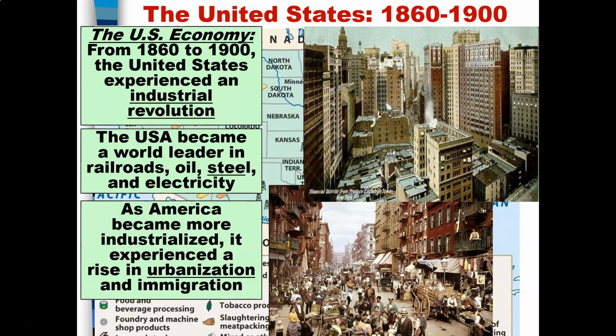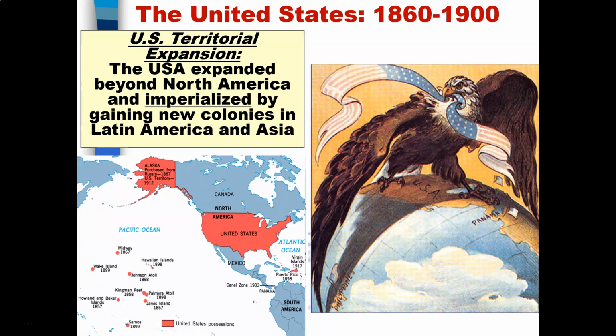As America became industrialized, it experienced a rise in urbanization and immigration, which, as you may know from the history of the United States, is a very delicate topic that brings emotions that are not great all the time. Now, the United States expanded beyond North America and imperialized by gaining new colonies in Latin America and the Asian part of the world.